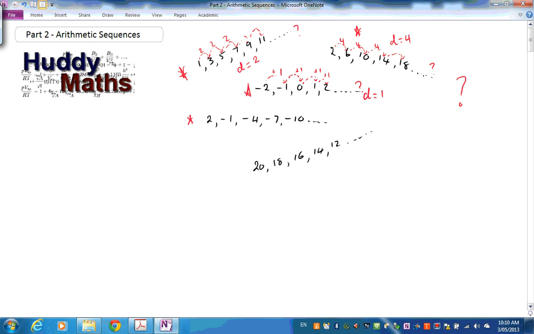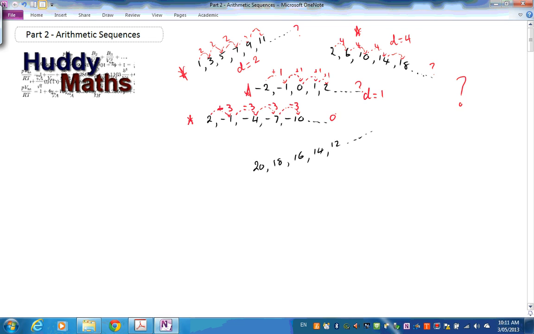Down here then, 2 going to -1 is taking off 3. And here taking off 3, and here taking off 3, here taking off 3.